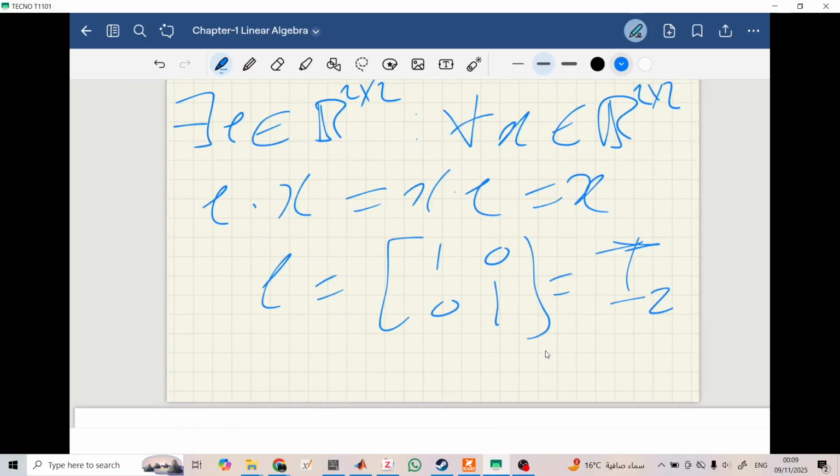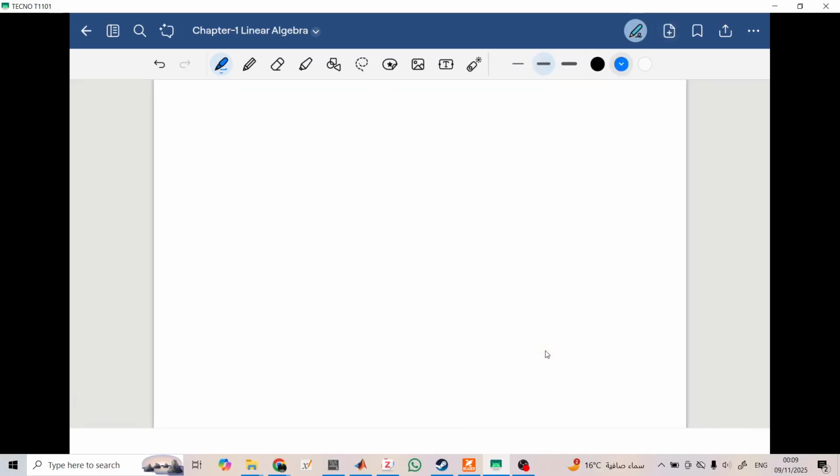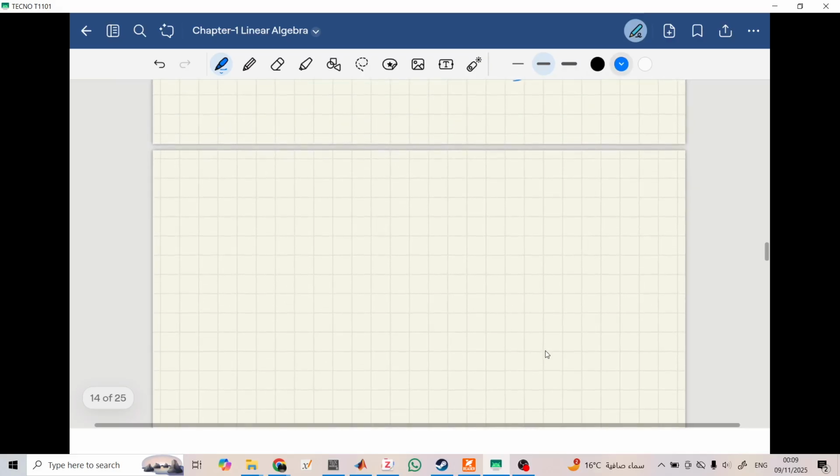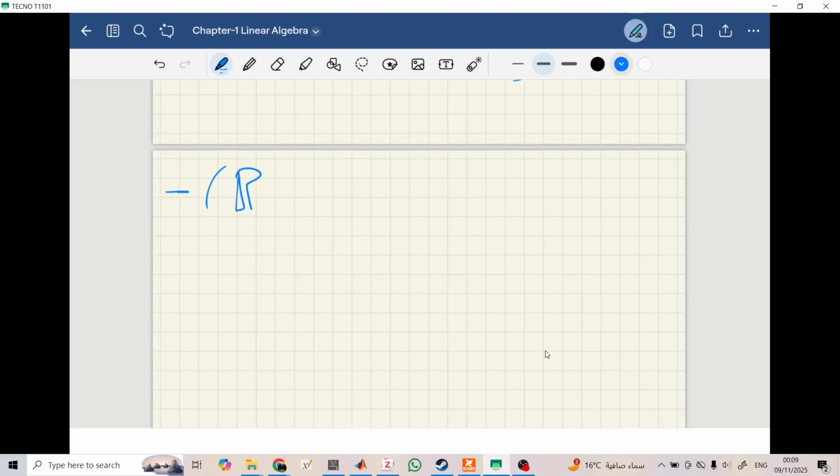So let's add another page. Again, now we have the set of real numbers and we have the addition. What is the inverse element here? So we said, okay, there exists.